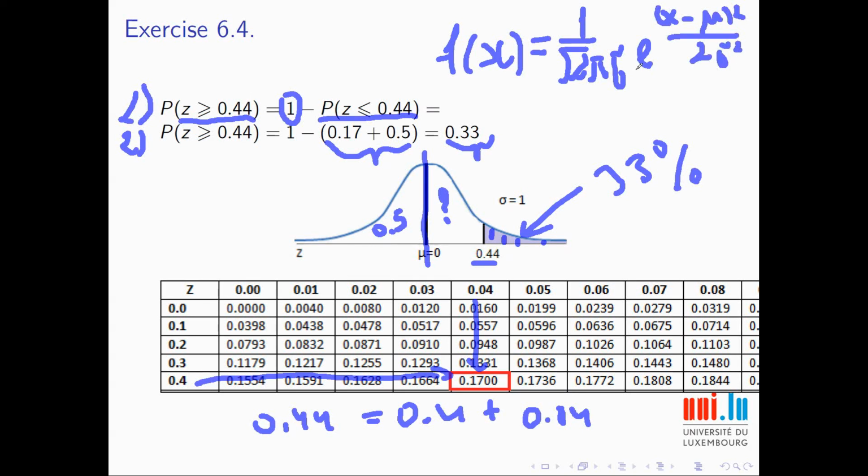And as you see, two parameters determine the shape of this distribution, which are the standard deviation and the mean.